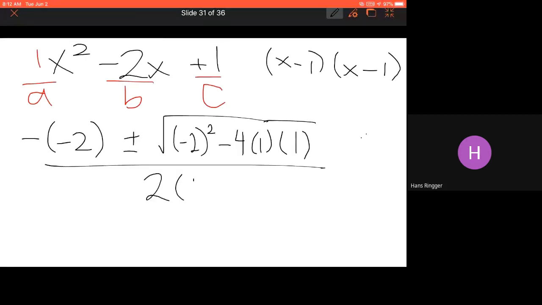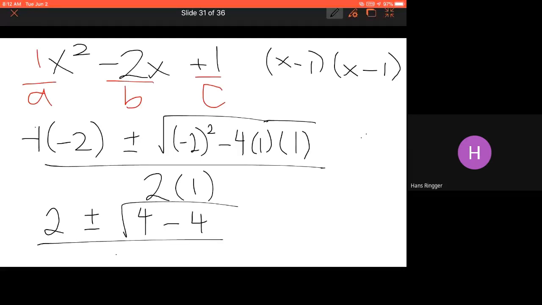Okay, let's look at this. So we've got, let's simplify it out. Negative times -2, or negative, this is like a -1 secretly. So -1 times -2 is +2, plus or minus the square root of -2 squared is 4, right? And negative times a negative is positive, minus 4 times 1 times 1 is just 4, divided by 2 times 1, which is just 1.